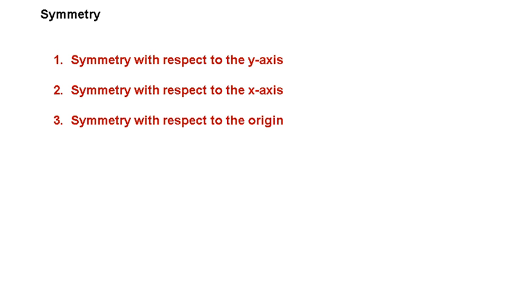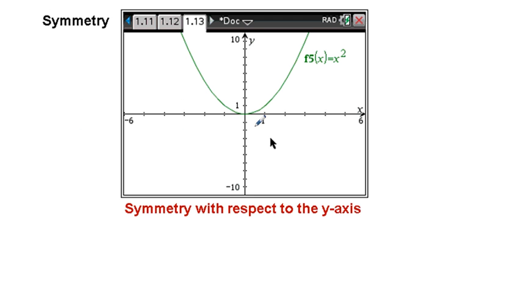So now let's talk about symmetry. Symmetry is kind of geometric patterning and mirroring. And so there are three kinds of symmetry we're going to look at at this point: symmetry with respect to the y-axis, symmetry with respect to the x-axis, and symmetry with respect to the origin. We're going to look at the first example in this function, f of x equals x squared.